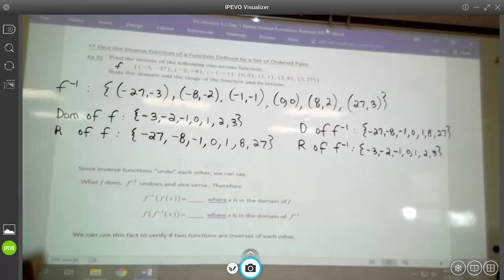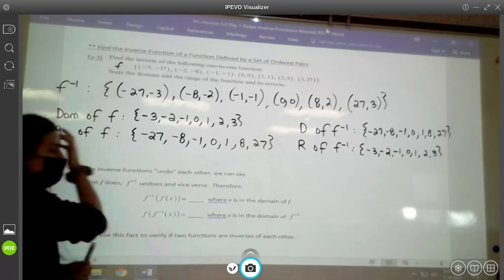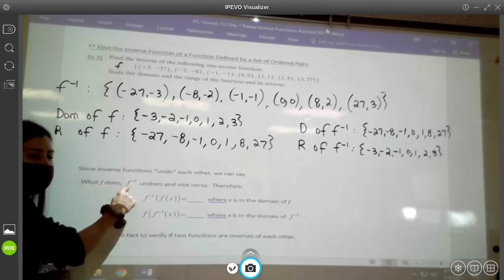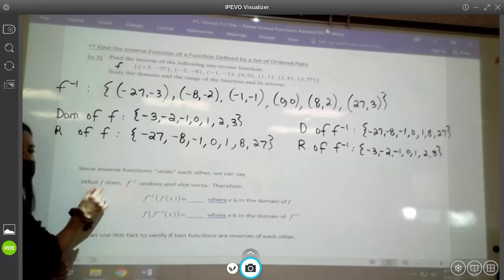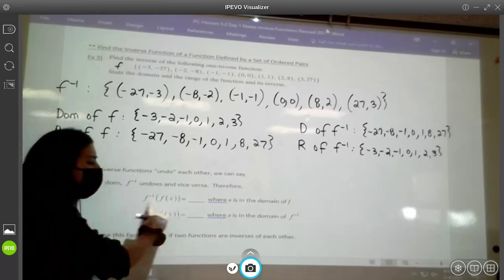All right, well, guys, since inverse functions undo each other, we can say that whatever function f does, f inverse, the inverse of f will undo it and vice versa. Whatever the inverse does, the original will undo it. They undo each other. So therefore, we can say they're compositions.